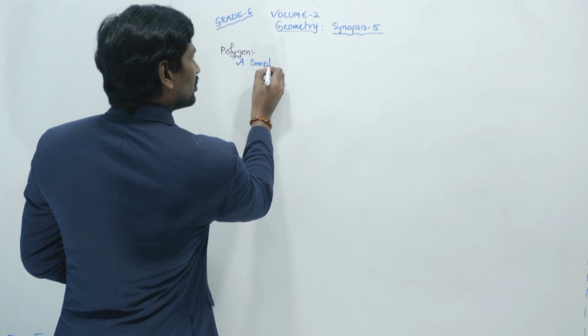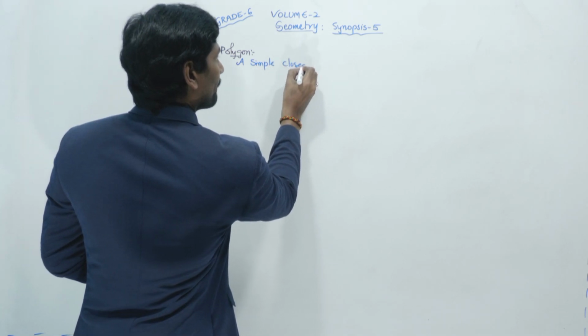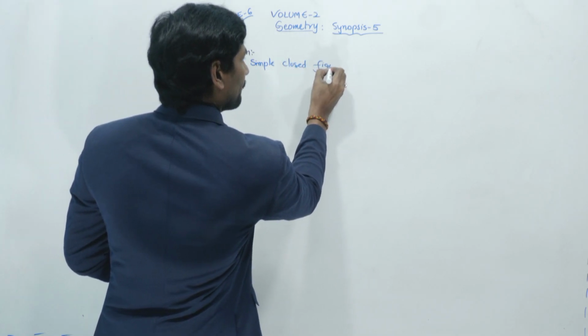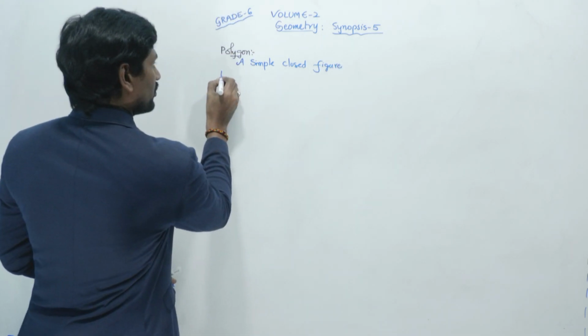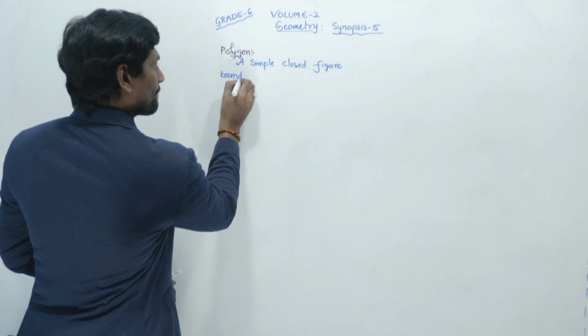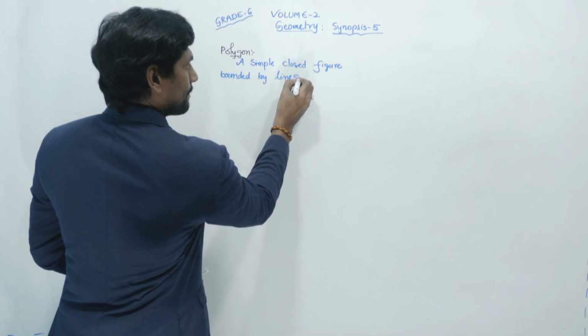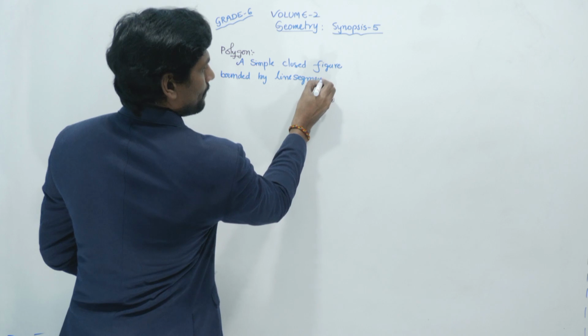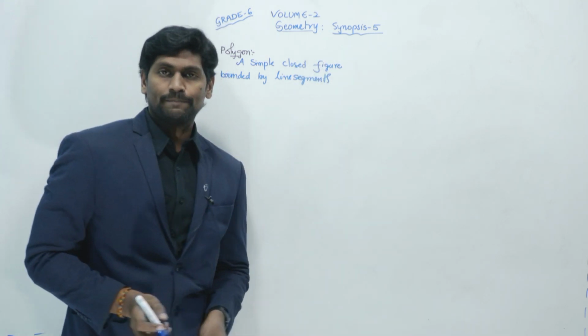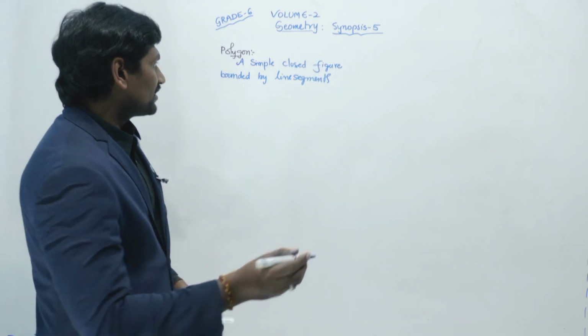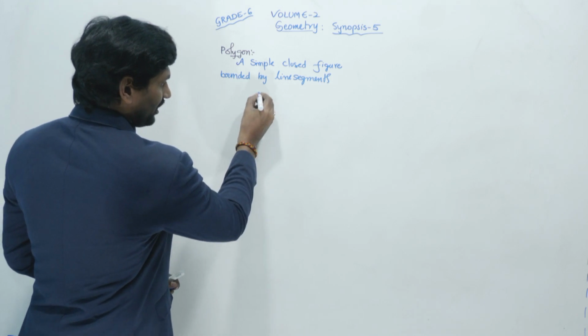A simple closed figure bounded by line segments is called a polygon. So we can take a triangle.